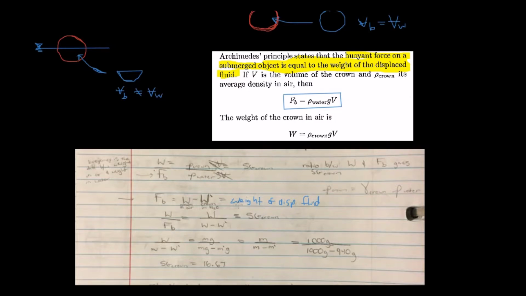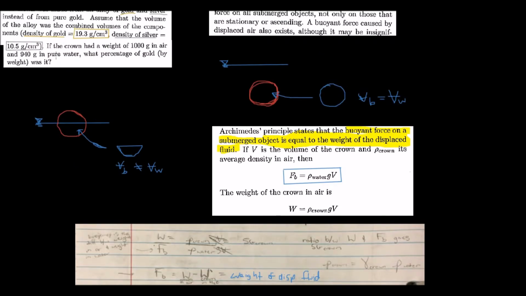So we can use this ratio again: weight of the crown in air over force of buoyancy, which is weight of crown in air minus weight of crown in water, and that again gives us the specific gravity of the crown. It's important to use this equation instead of rho g V, because we do know the mass of the crown in pure water.